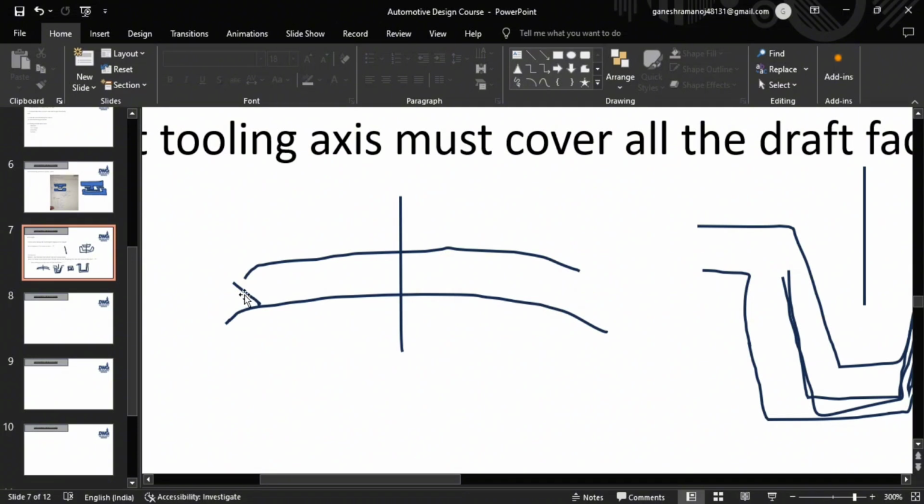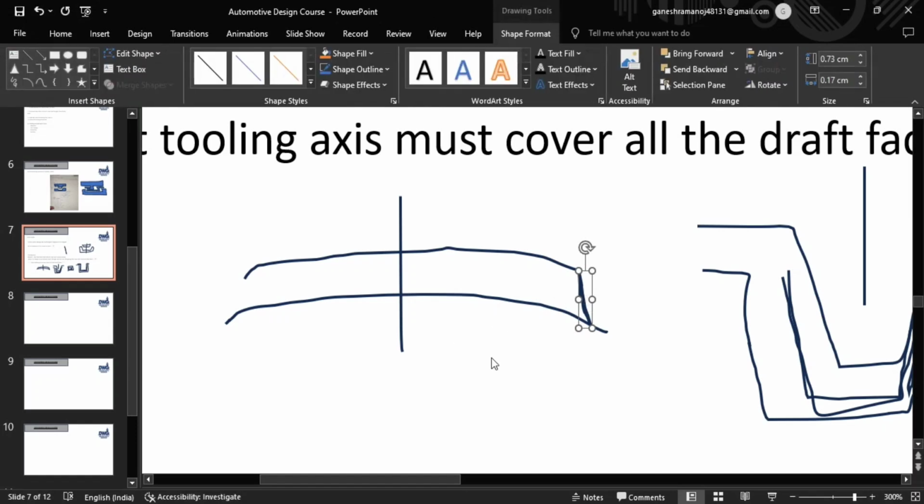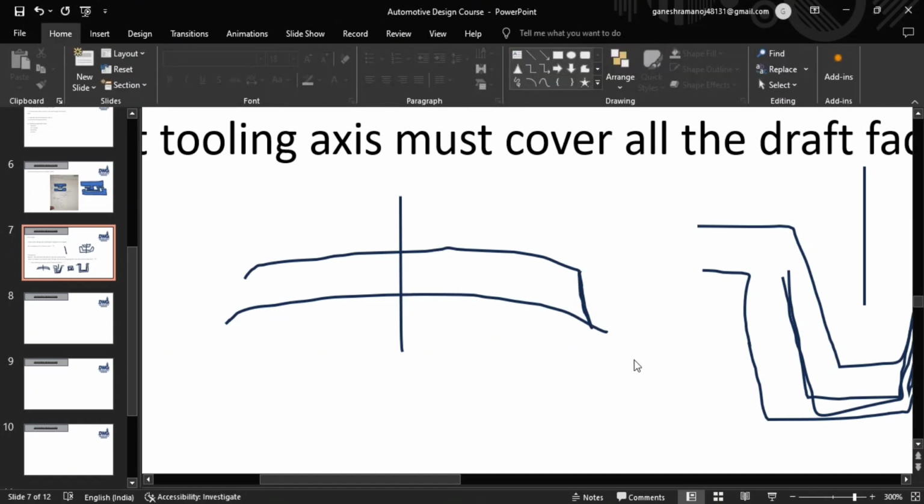That's why, for reference purposes also, we have to specify the tooling axis. From the tooling axis, there is a feature in CATIA with which, with reference to the draft angle, we can create one draft face at a particular angle. And that is all about the tooling axis guys.